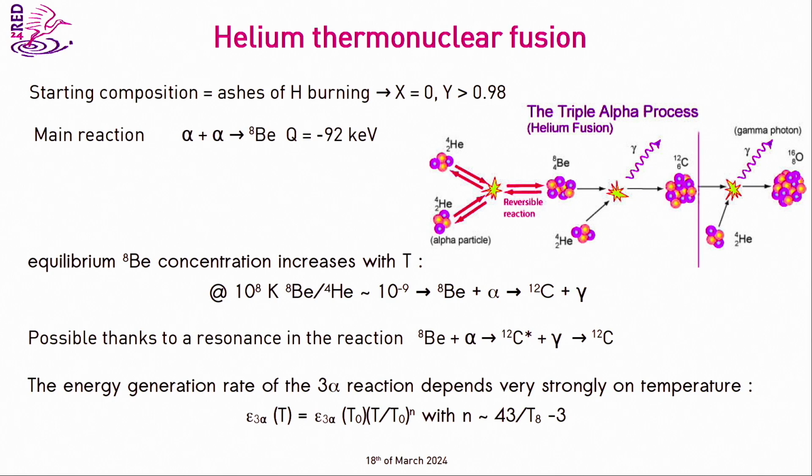And so each time you have a nuclear reaction with a dependence of energy production on temperature, like I showed you, when you increase the exponent, it means that you accelerate the fusion phase, because you have high temperature and it depends very much on temperature, so you will fuse the helium very fast, okay? So helium fusion is much faster than hydrogen fusion.